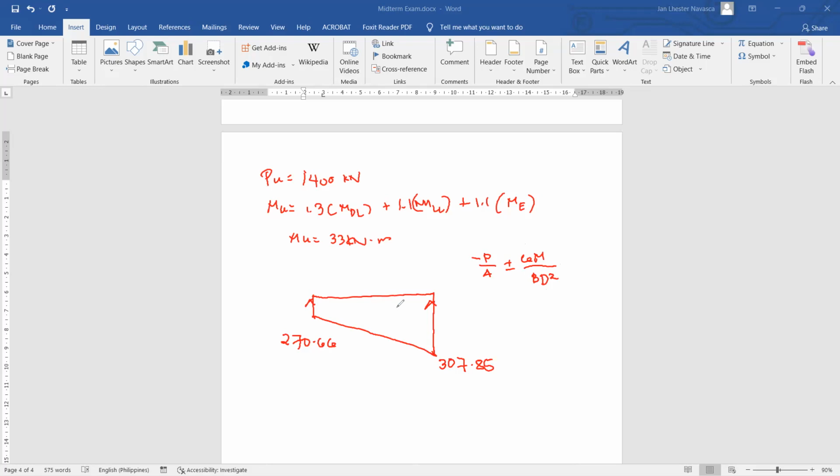So for the one-way shear, ang value natin dyan is 299.14 kPa. And for the two-way shear, solve mo yung dalawang side, yung d over 2 distance.